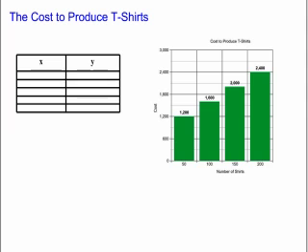Here we have a graph that shows the cost to produce t-shirts, where along the x or input axis we have the number of shirts produced, and in the vertical direction we have the cost to produce those shirts.